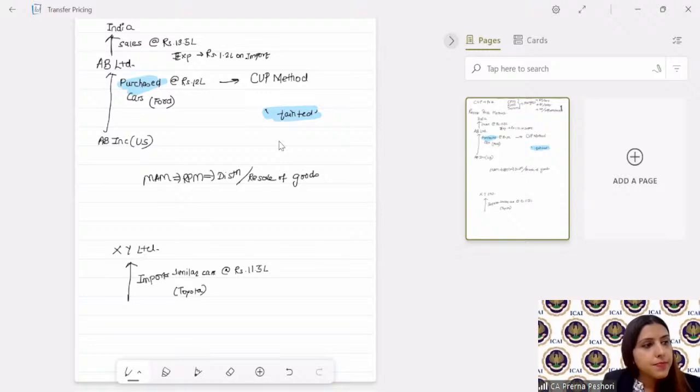And it is selling the car at, say, rupees 14 lakhs. So XY Limited is an unrelated party.